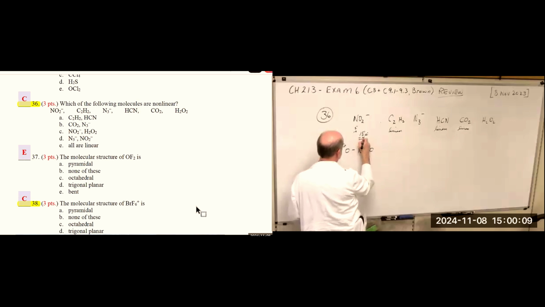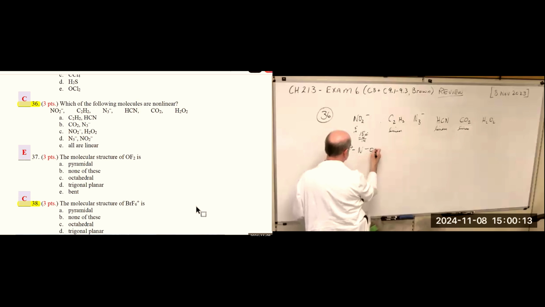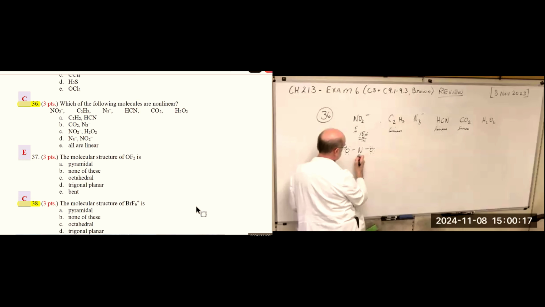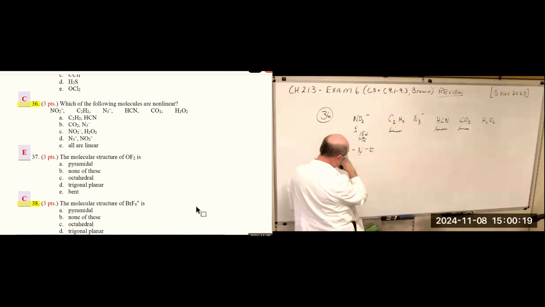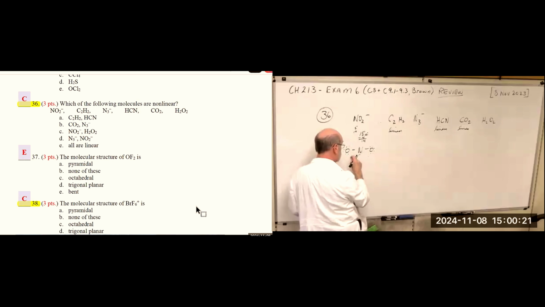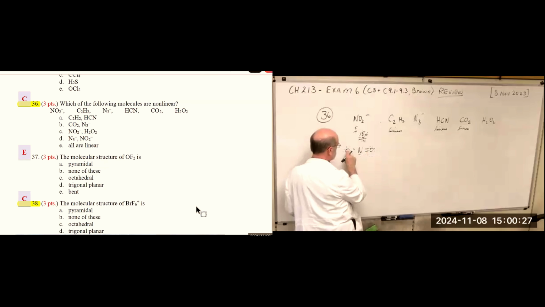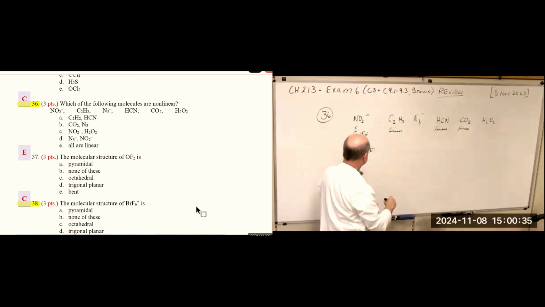O4 is 14. 2, 4, 6, 8, 10, 12. Well, maybe we didn't do this one. So that puts all our electrons in there. Now we need an octet. So we can either do it from this side or the other side. 2, 4, 6, 8. And this is a bent molecule, so it has a dipole.